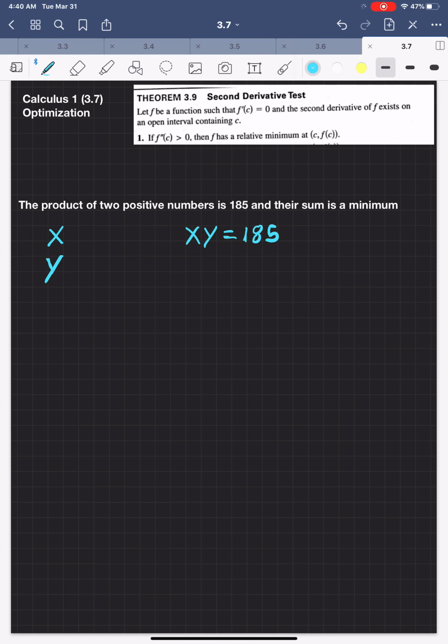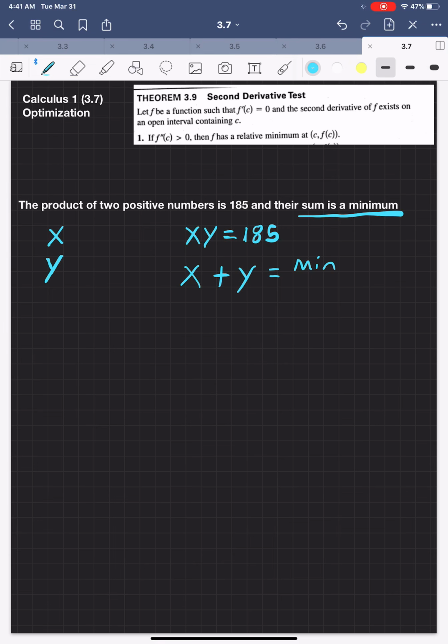But what we want is the sum to be a minimum. There's a whole lot of numbers that multiply to be 185, but when you add those two numbers, we want that to be a minimum value.